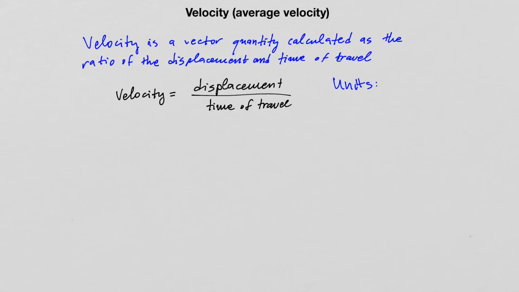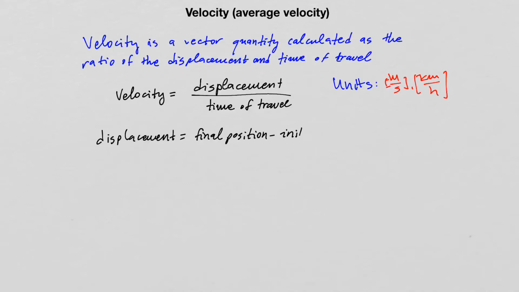kilometers per hour or meters per second, depending on the problem you're dealing with. So those are the standard units in the metric system. Since the displacement is defined as the straight line distance between final and initial positions, I can write the displacement as final position minus initial position.